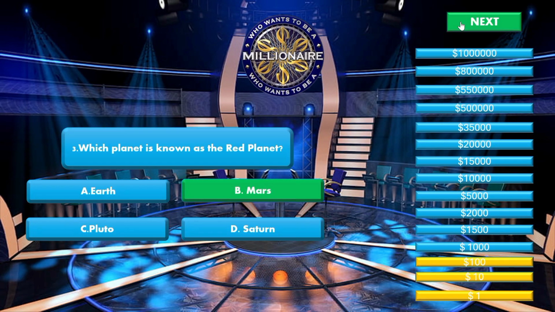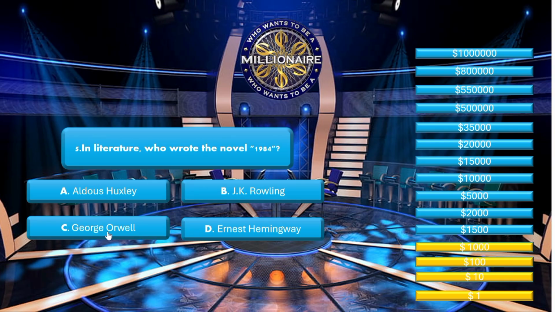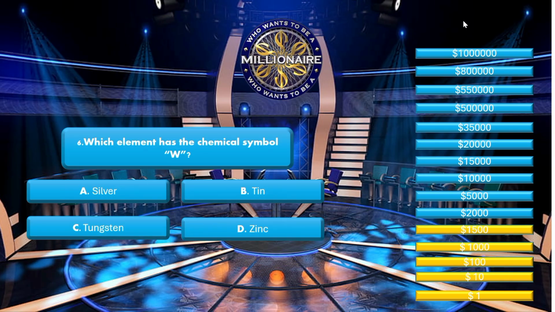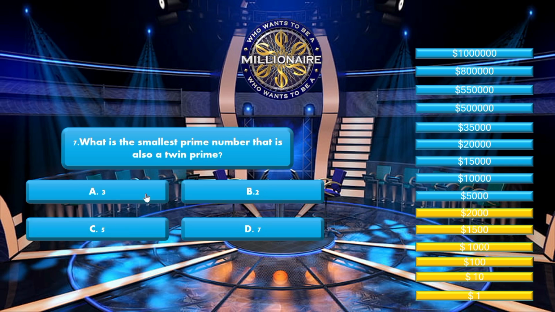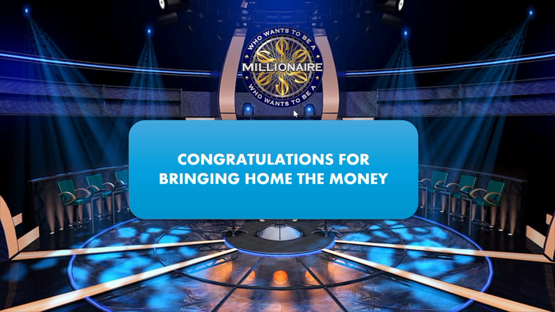Go to the next slide and continue the game. And then fifth question, sixth question, the seventh question, and the participant will choose if you want to bring home the money or continue. And now the participant chooses yes, and then this will pop up.